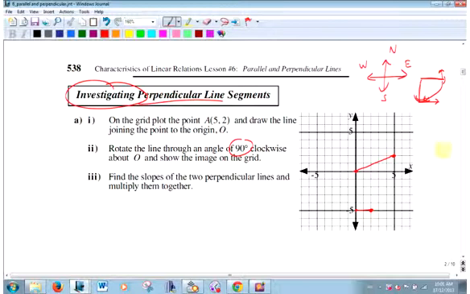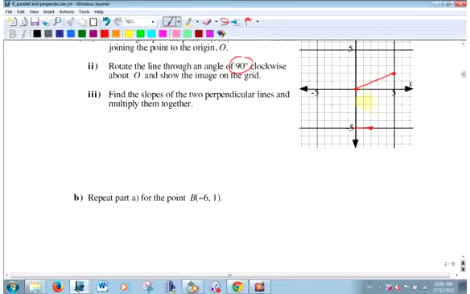It's not going to be on our test. That's this rotated by 90 degrees. Does it look like a right angle there? Kind of does, doesn't it? Does that look like about 90 degrees? So to get this point, go -5 and 2. That's the point 5, 2, rotated by 90 degrees clockwise.